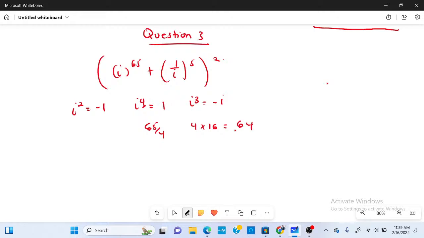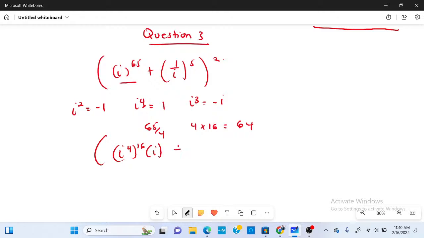So meaning that we can express our i to the power 65 as (i^4)^16, because this will give us 64, but there will be a remaining 1 to make it 65, and that will still be i. So when you multiply it back again, you'll be getting i to the power 64 times i, which is i to the power 65, getting what you have here back. So we are only modifying this, but we are not changing it.